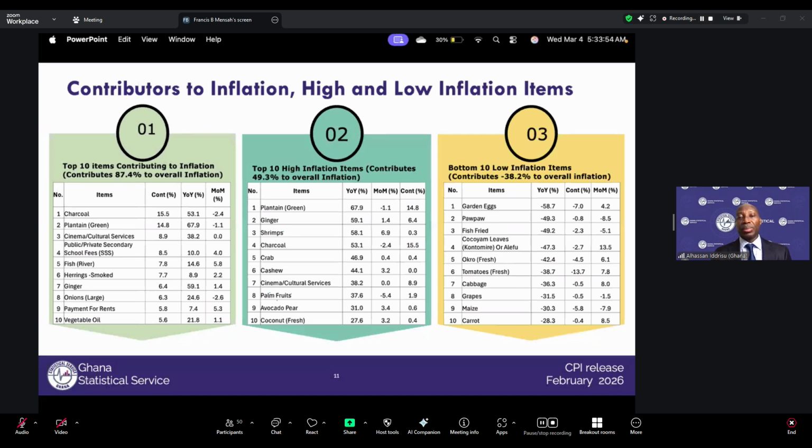So these bottom 5 inflation items actually dragged inflation down by 17.6%, helping offset the overall inflation rates. This balancing effect partly explains the sustained decline in headline inflation.